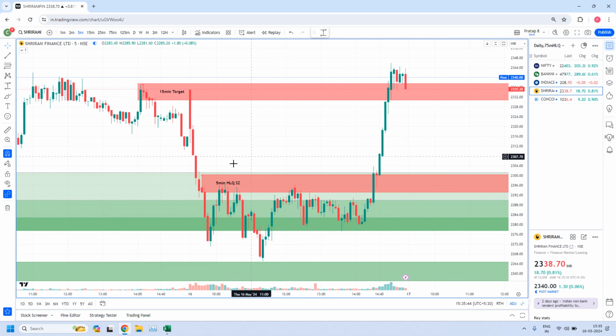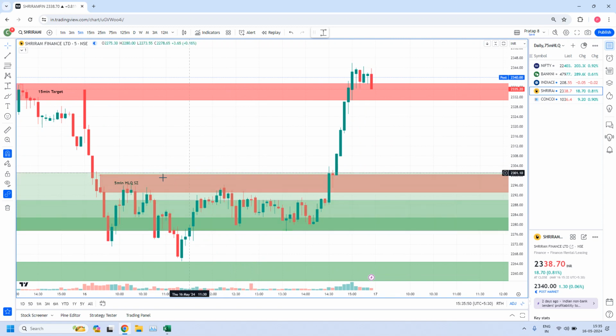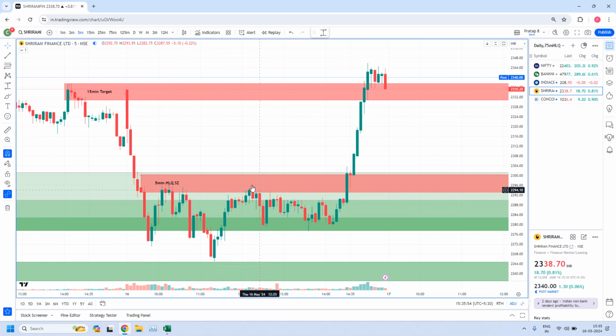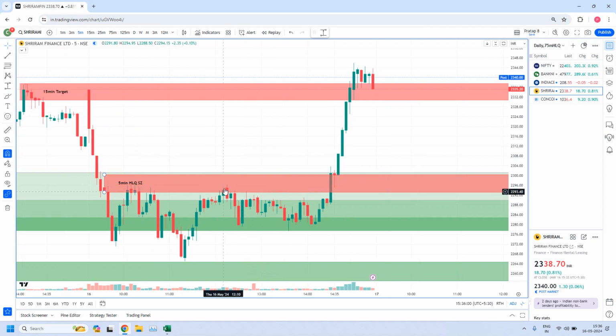But there are other institutions that created a 5-minute high liquidity supply zone. When there is a 5-minute high liquidity supply zone, what happens? Mostly it will not allow the prices to enter into this 15-minute target. This itself will be holding. See how it is holding the prices today. Most of the day, this 5-minute zone did not allow the prices to enter into this.